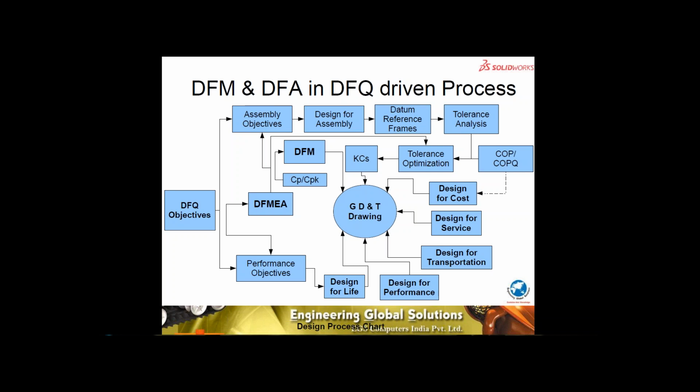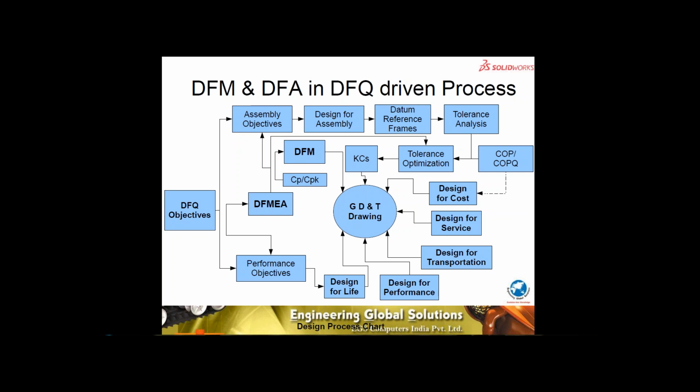Then come the cost indicators in the design for cost, design for service, transportation, performance, and from the performance objectives you get your design for life, which gets influenced on the drawing, which is necessarily for mass production, and uses the GD&T concepts.